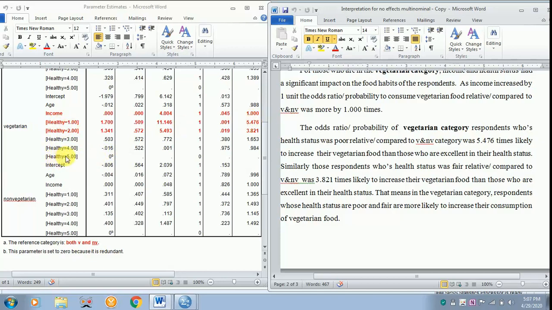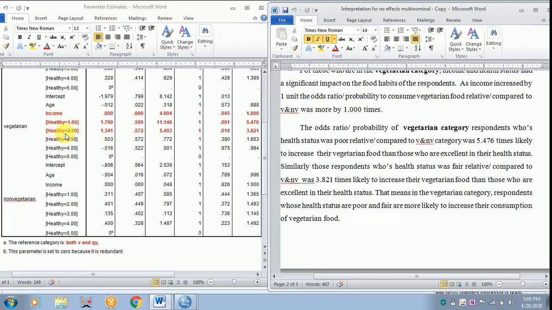So please understand, first you have to compare with your base and later you have to compare it with your final reference category, that is among the healthy category, which is the last category, that is the base category. That should be done.